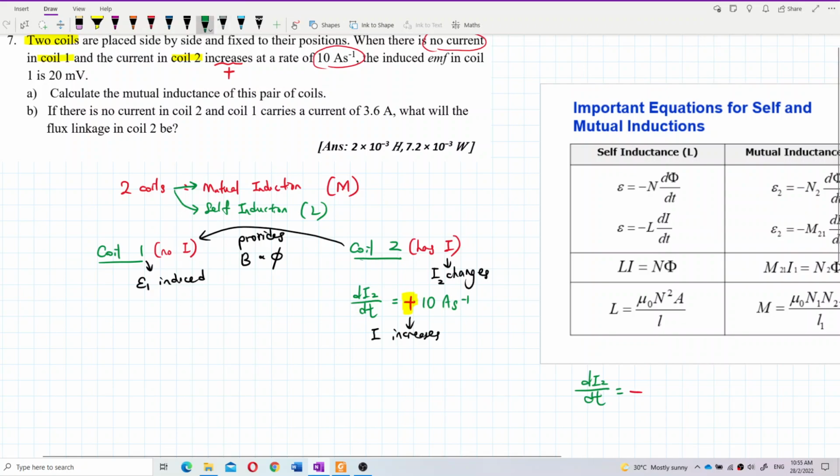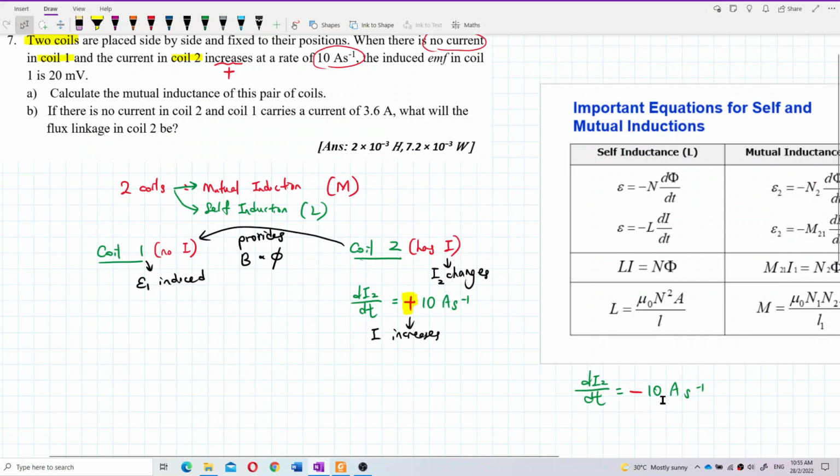If you write negative 10 ampere per second, that means for every second the current drops 10 ampere. If you write positive 10 ampere per second, that means for every second the current increases 10 ampere. This is what is meant by positive.